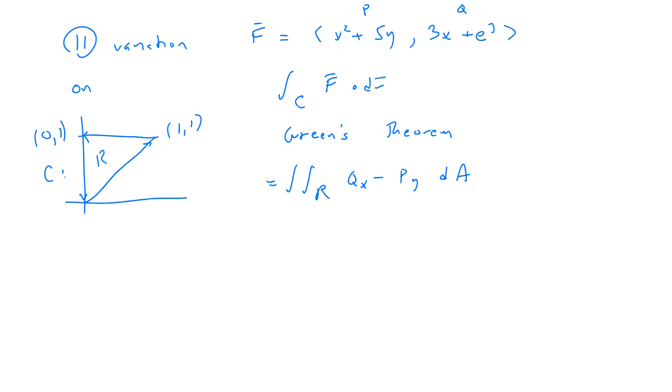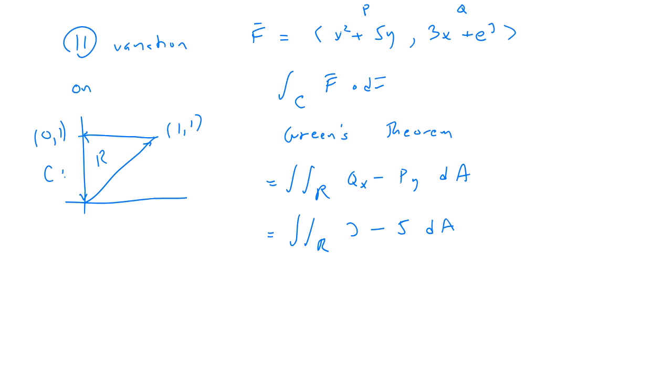In some ways, this is a typical thing that sometimes will come up on tests and finals if we want to put in a fairly quick problem, at least hopefully quick for most of you, which is in this case, q of x is equal to 3, p of y is 5, and so that's a constant.